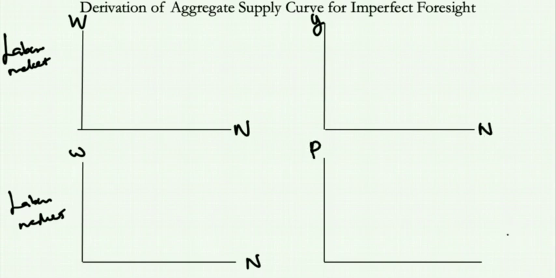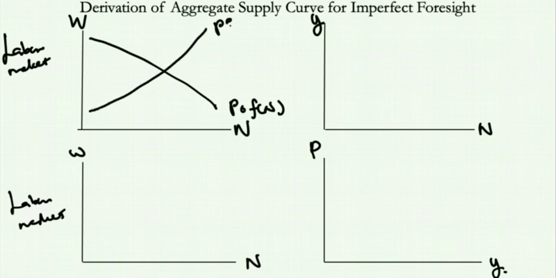Here is for the derivation of aggregate supply. Okay, now let's say initially we have P naught Fn for labor demand, the nominal one. We have PE naught Gn, and then we have W naught and N naught from this point A.